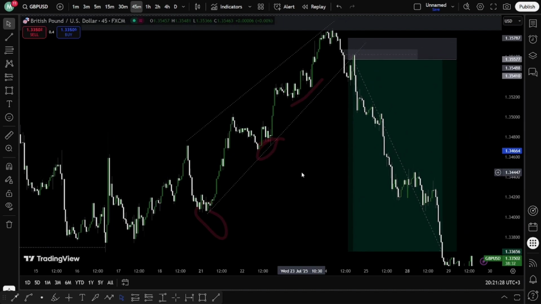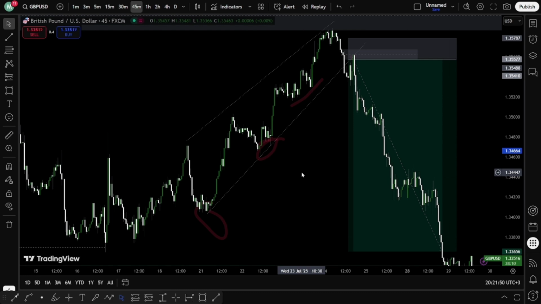In the next video or the next session, I'll be talking about how to identify fake change of character, fake order blocks, like order blocks that you shouldn't follow, or order blocks that are irrelevant.